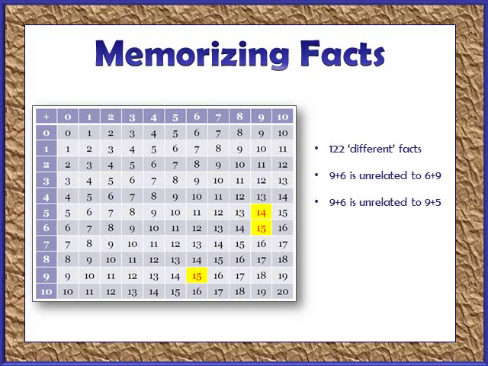They don't start to see connections if they're just memorizing facts. So students might not see that 9 plus 6 is related to 6 plus 9, and they also might not see that 9 plus 6 is related to 9 plus 5. They're not developing strategies to make them fluent in the language of mathematics. They're just memorizing isolated facts, like Juan Pablo memorized that term, "it's okay, it's okay."